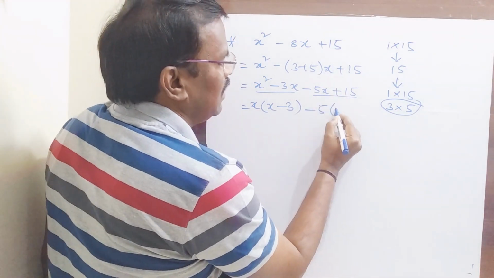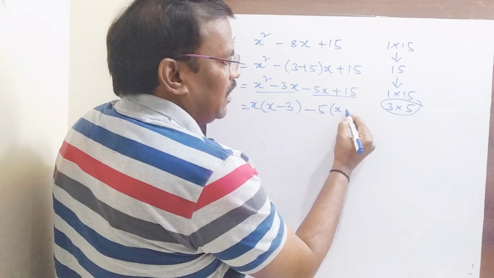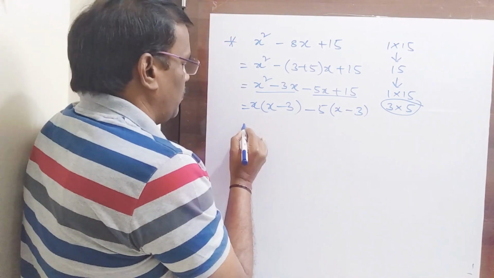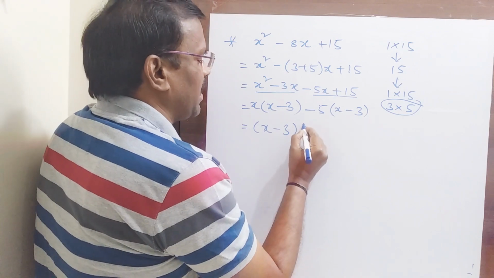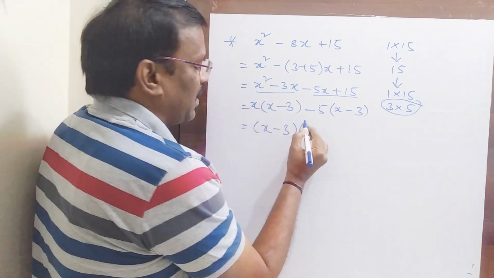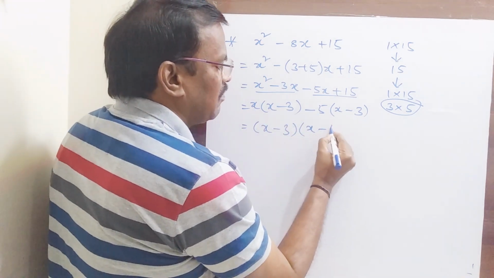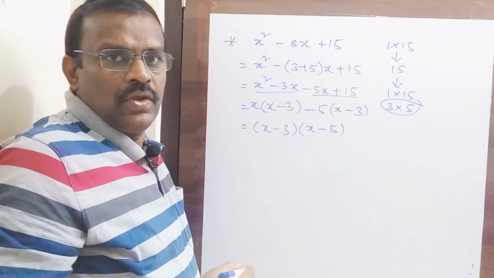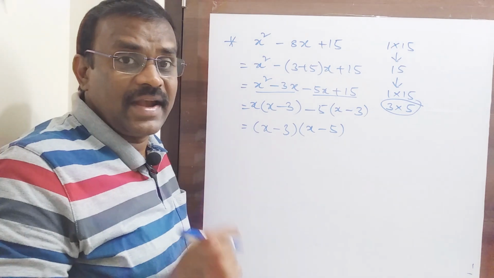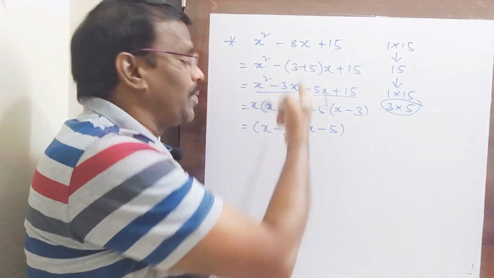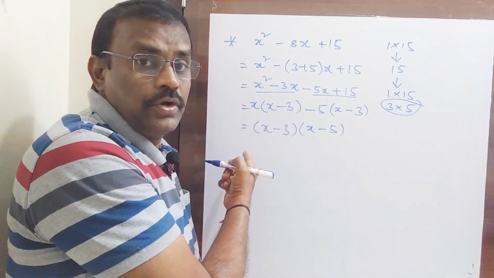Then what remains here? x minus 3. Overall, take x minus 3 common. What remains? x and here minus 5. Like that, following the splitting method, we factor the given quadratic polynomial. So the polynomial is expressed as a product of two binomials.